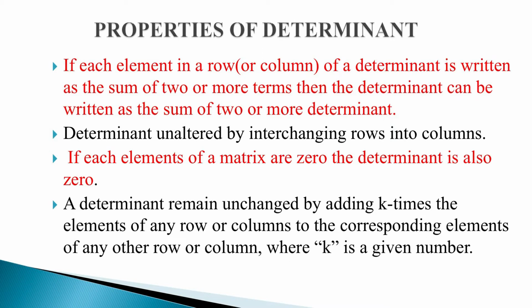If each element of any row is multiplied by a constant, then the determinant becomes k times the original determinant. That means if a constant is multiplied in a determinant, then this constant is multiplied in any one of the rows or any one of the columns.